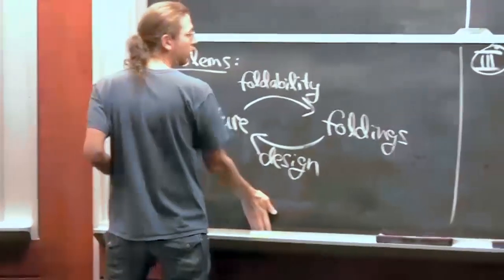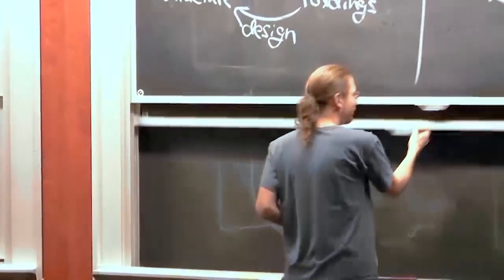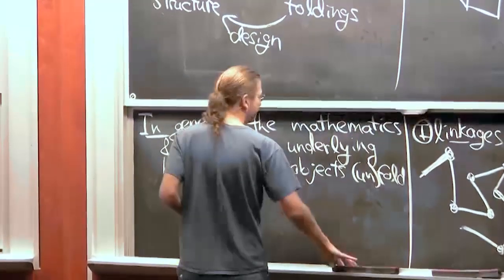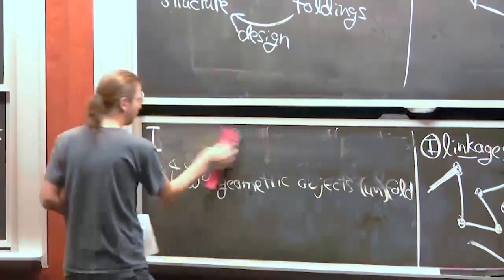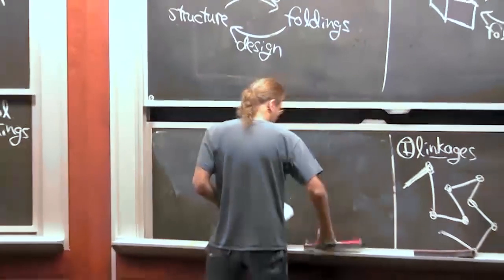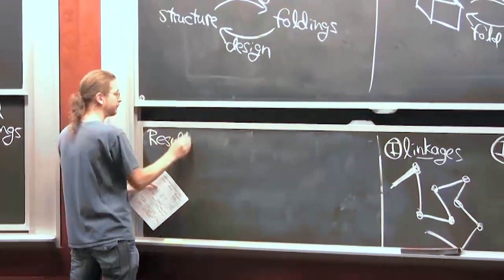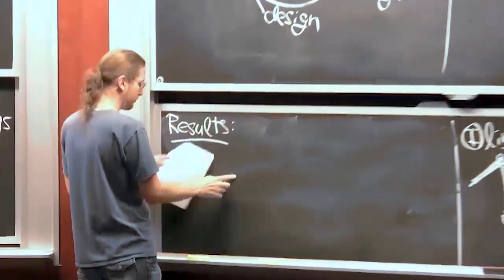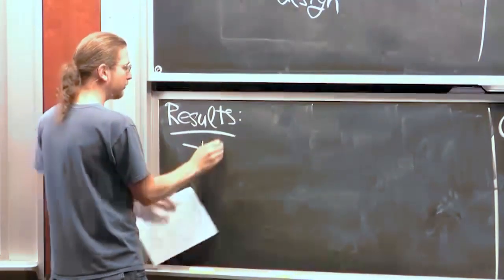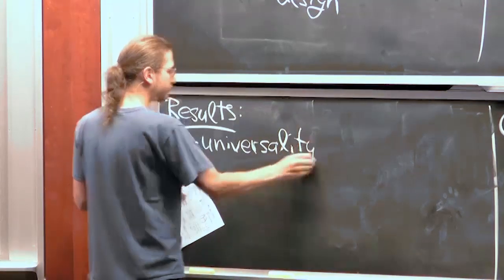And then there are three types of results we typically get. I'm giving you a super high level first, and then we'll get to some actual fun examples. So these are typical results. Three types are universality, decision, and hardness.